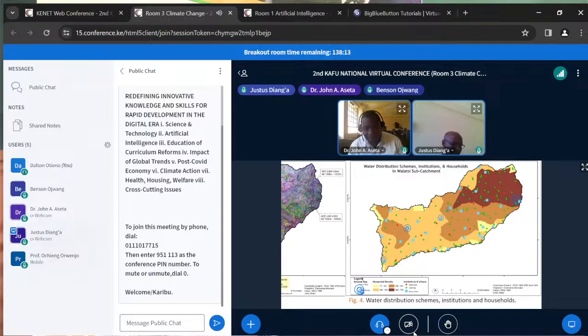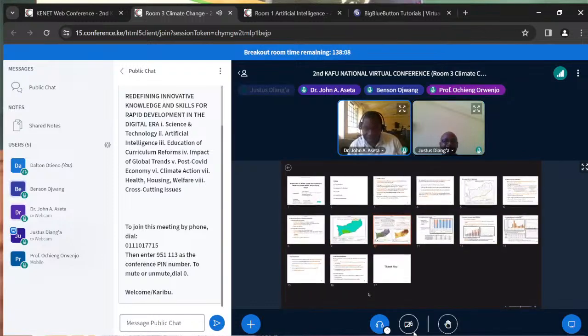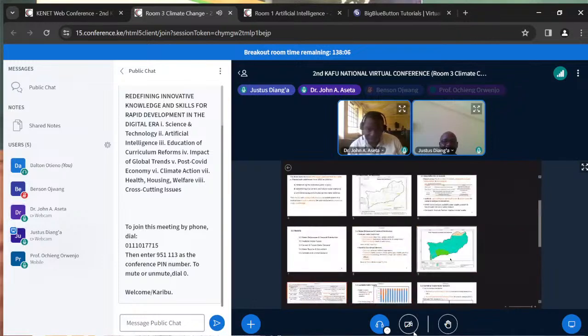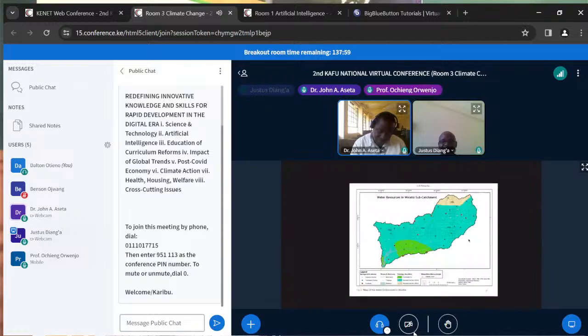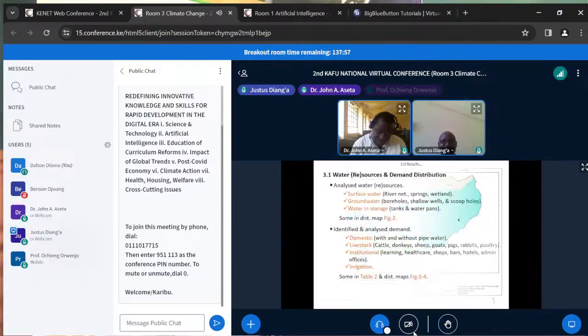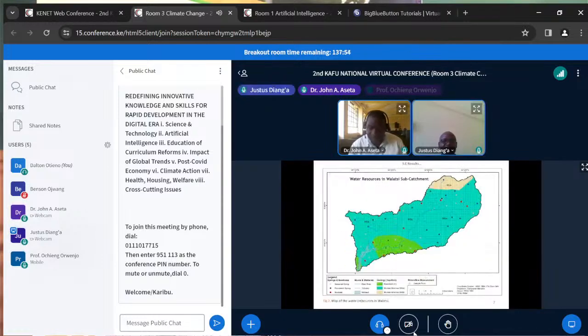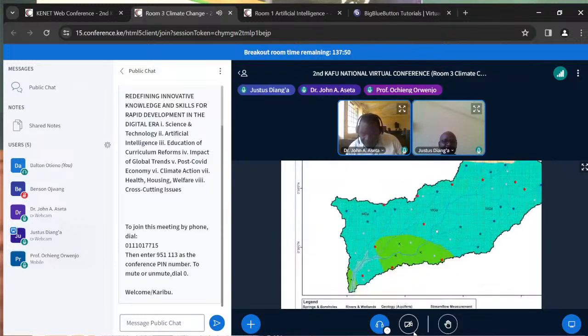Okay. Let me explain on the rivers. The subcatchment also has a major river. It's a major river for the subcatchment and micro catchments. The map you're seeing is showing the river network.